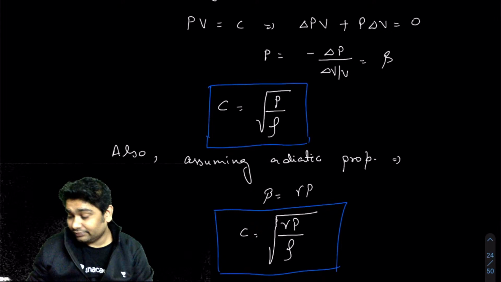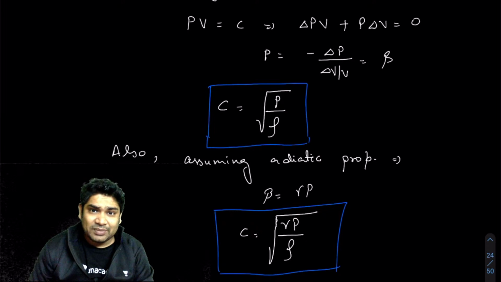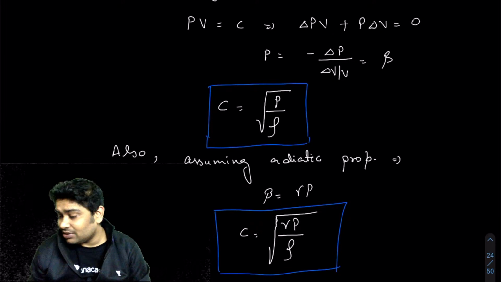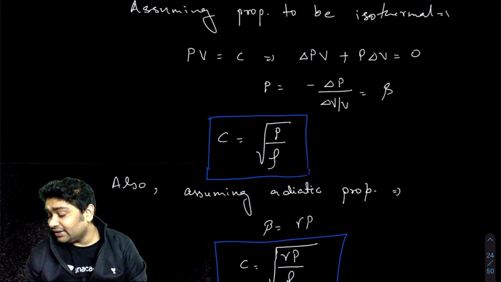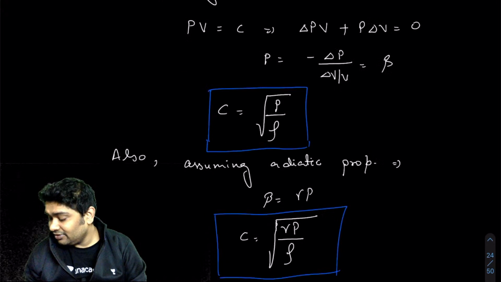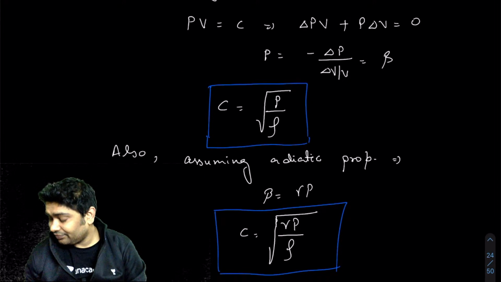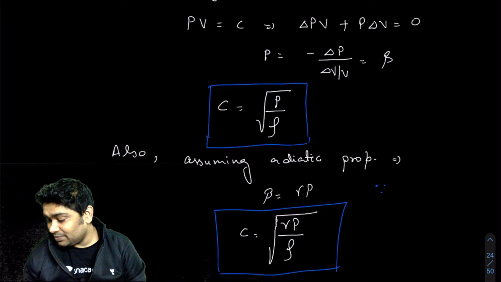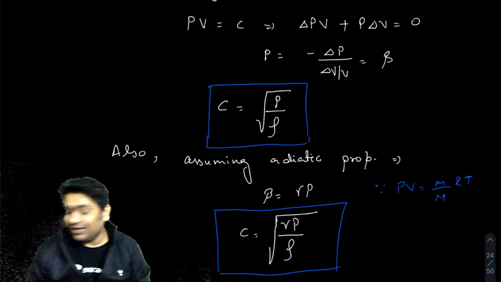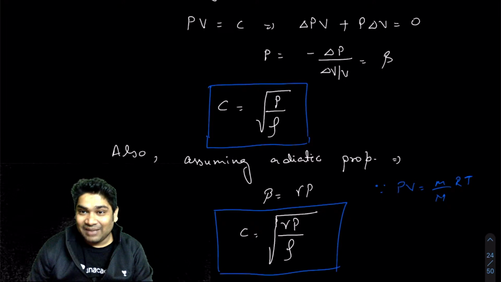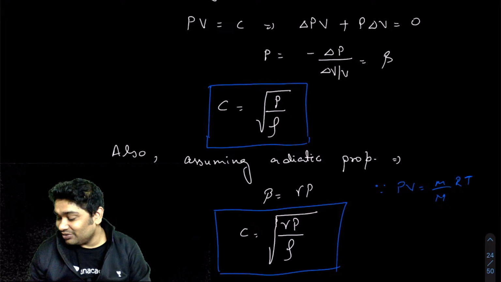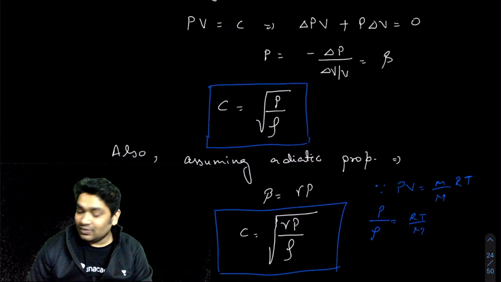Right? Now you can also replace these in other terms sometimes. What you can rewrite this as, again, you also know, since P was mRT over V, where m is the mass and capital M is the molecular weight. So you also know P over rho can be written as RT over M. Okay.